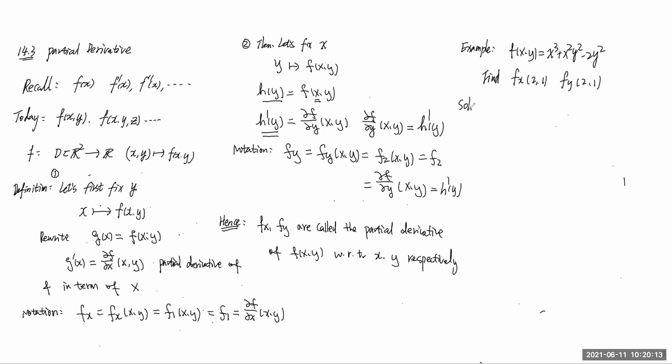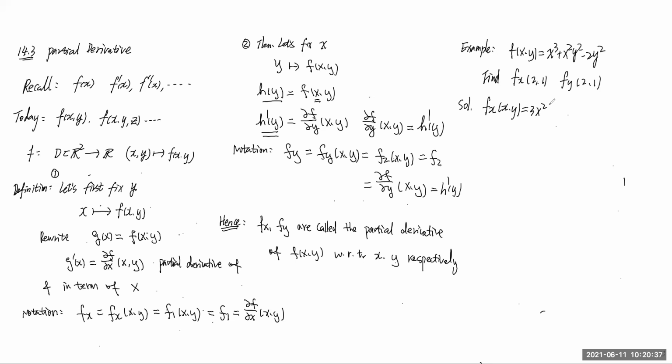So the first step is to compute f_x. When you are computing f_x, in your mind y is a constant because y is fixed, and x is the variable. You do this like you did for a function of one variable. So this is 3x^2.